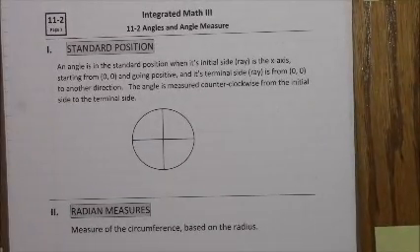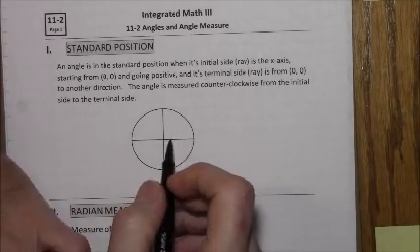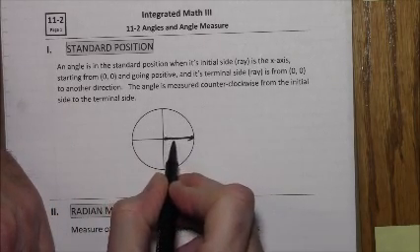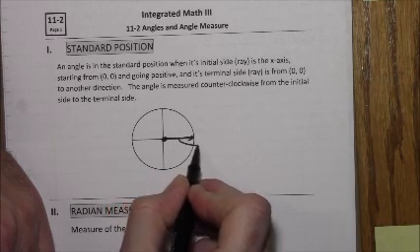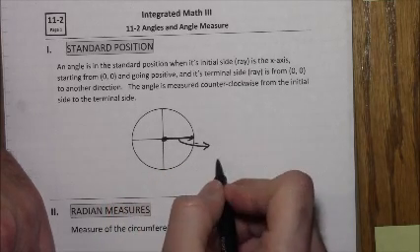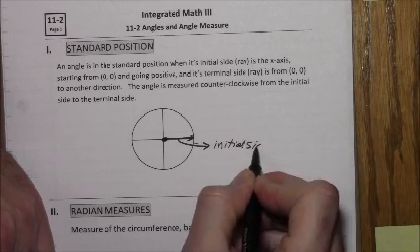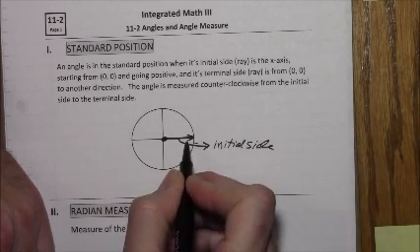Standard position for an angle always starts with the x-axis as what we call the initial side, the x-axis going positive.